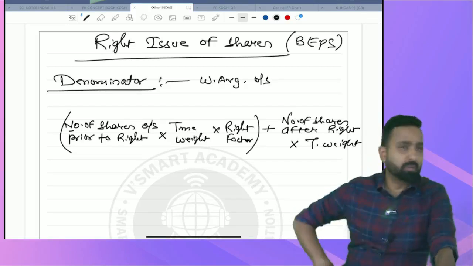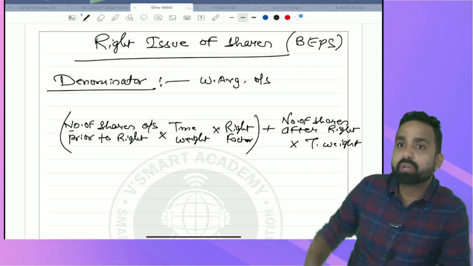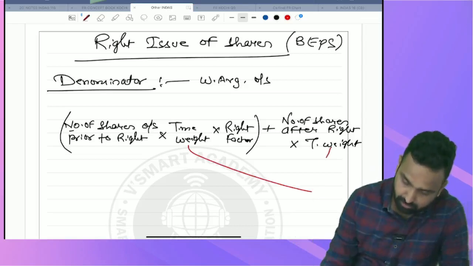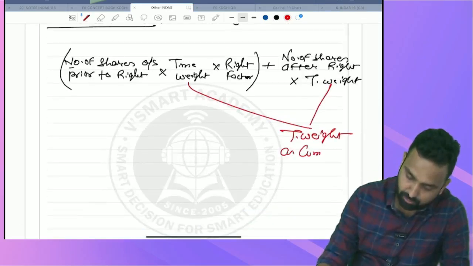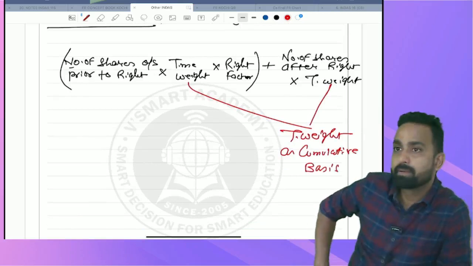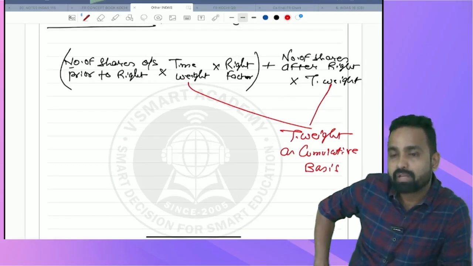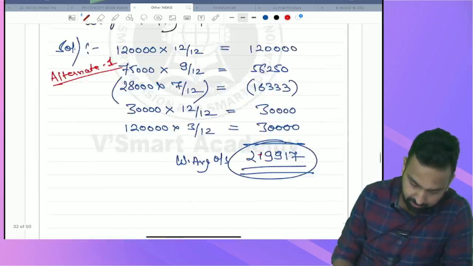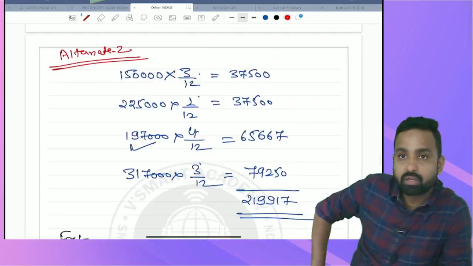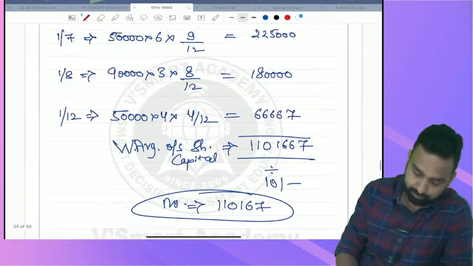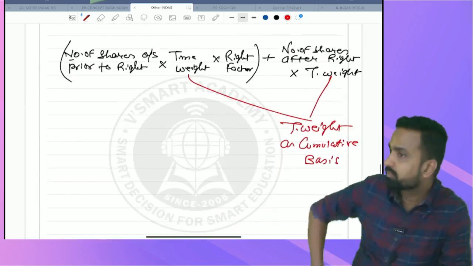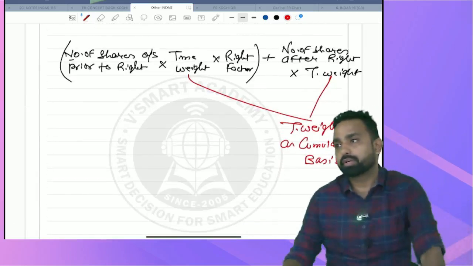That's it. This is the formula basically. Time weight to be done on a cumulative basis, remember. Cumulative, as in the second alternative we did now. Cumulatively, from previous date to next date. Understood? Okay, great.